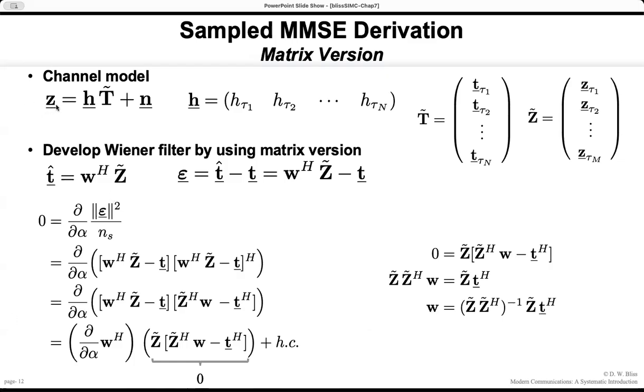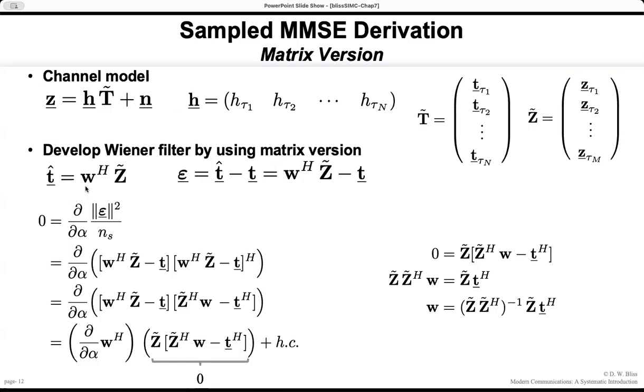I have a model. There's some channel that lives in H, and it's a bunch of complex samples as a function of delay. We have training data, which lives in T, which is basically the training data that's transmitted and the various delays of it. And of course, we add some complex Gaussian noise to it as well at the complex baseband.